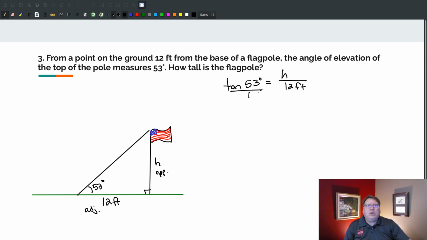So if I put this over 1, I have a proportion. I can cross multiply. 1 times h is h. And then I get 12 feet times tangent of 53 degrees. So again, we're going to go to our calculator.